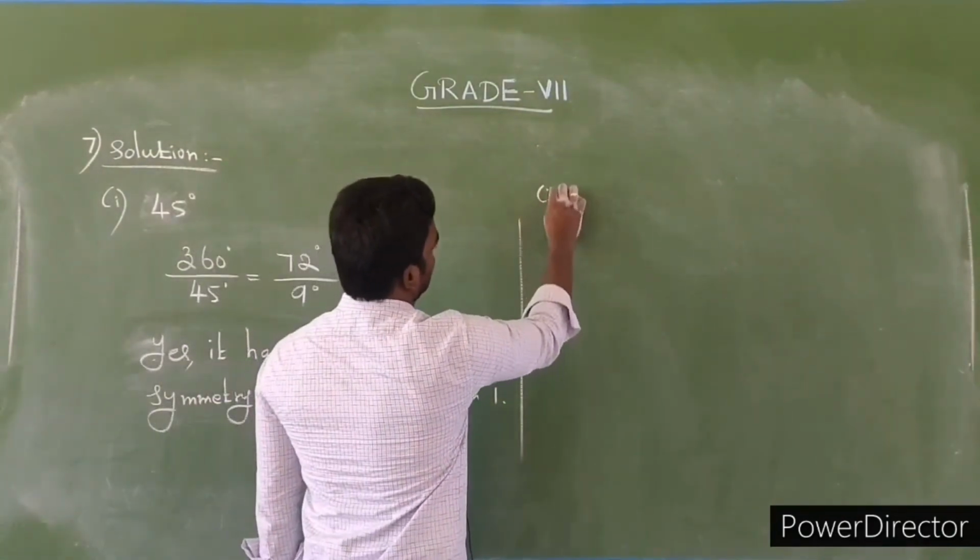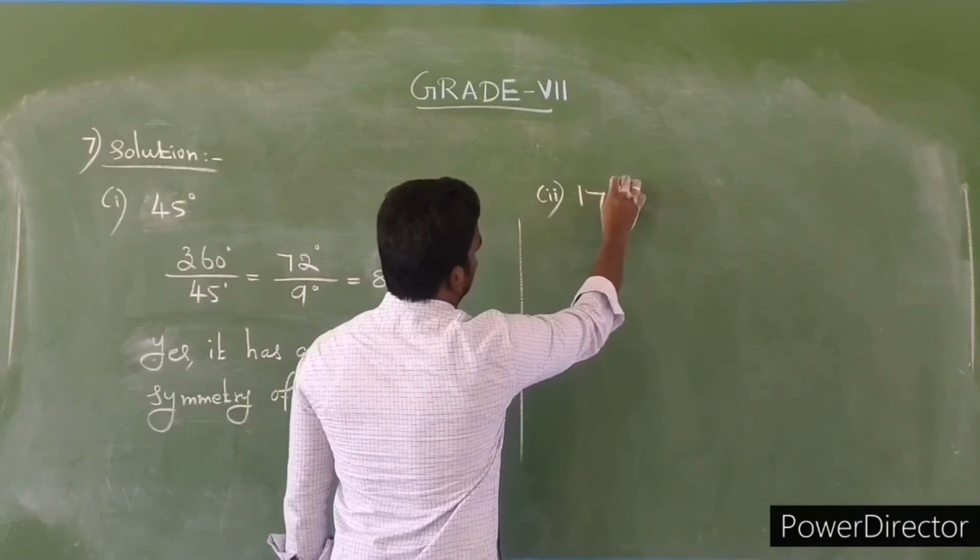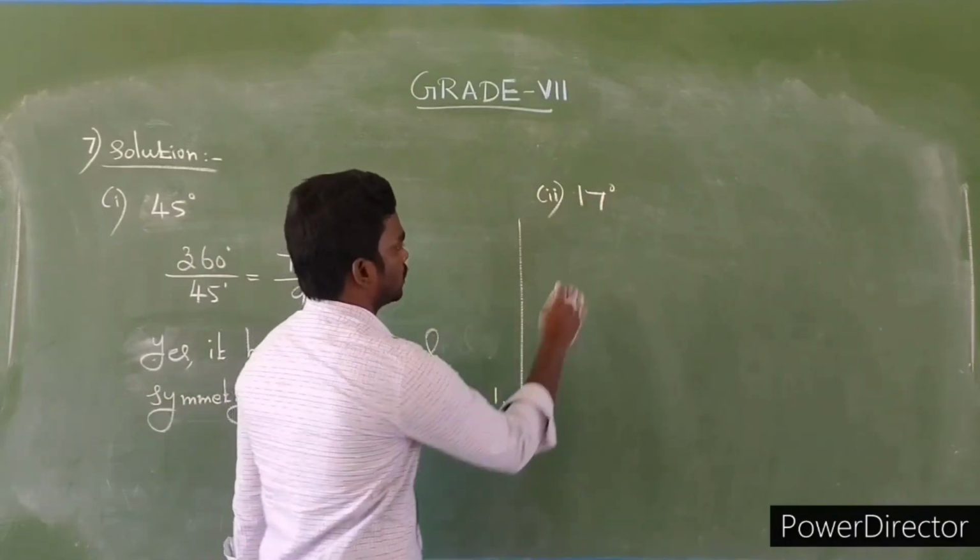Next, the second one: 70 degrees. We know this is not a rotational symmetry of order more than one.